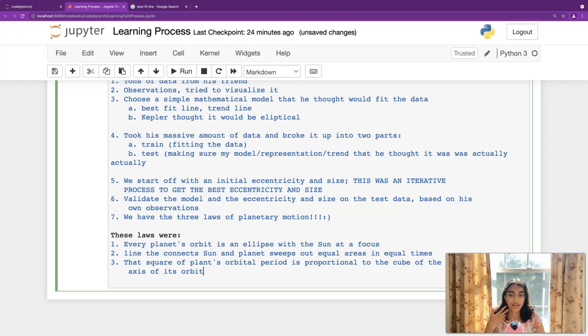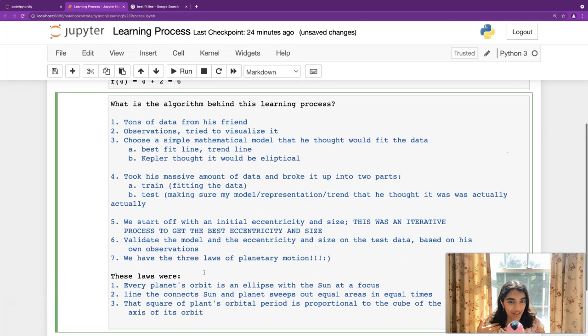Okay, so every ellipse has a major and minor axis. If you're familiar, okay, if you're confused, don't worry. I'm not an expert at astronomy either. But if it makes sense to you, then that's great.